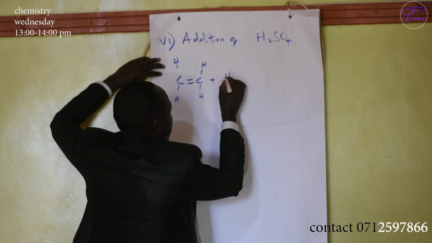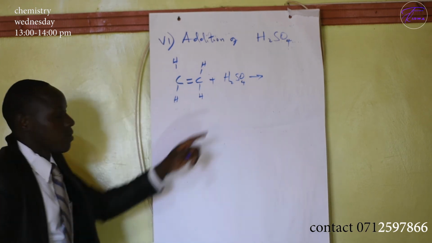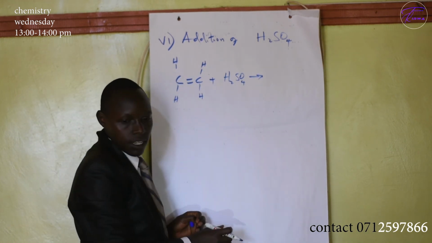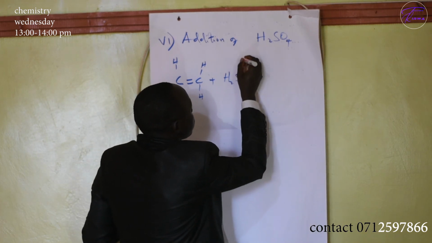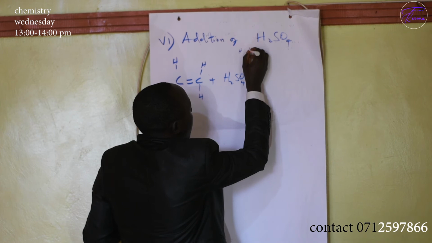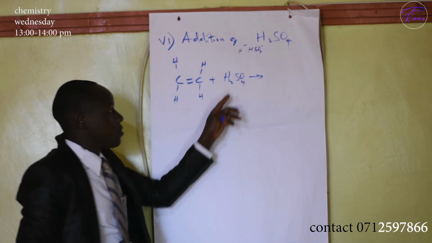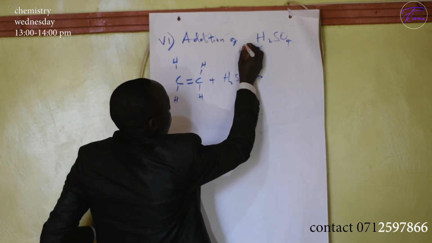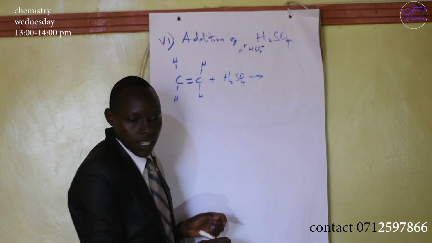Then sulfuric(VI) acid is added. Now this sulfuric(VI) acid, you know we have 2 hydrogens and sulfate ions. So this is broken down to hydrogen ions, which are positive, and hydrogen sulfate ions, which are negative.